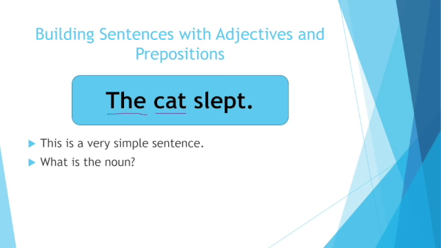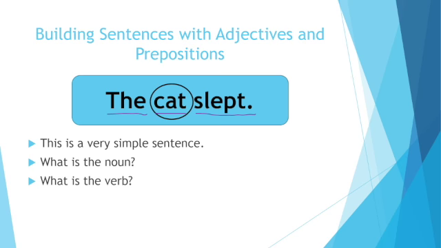The cat slept. What is the noun in this sentence? Good. The noun in this sentence is cat. What is the verb in this sentence? Very good. The verb is something you can do.